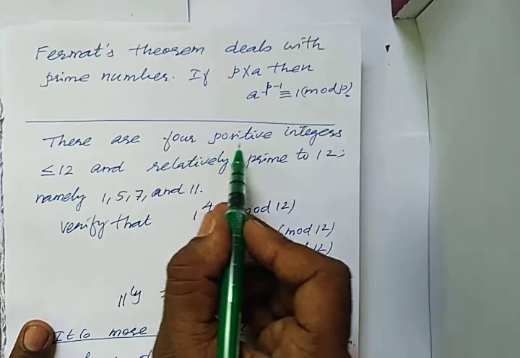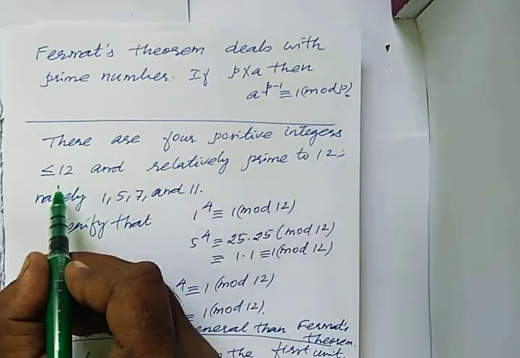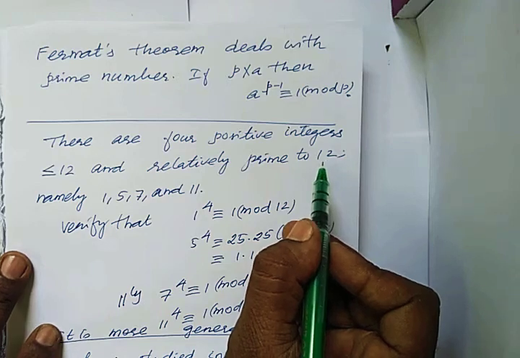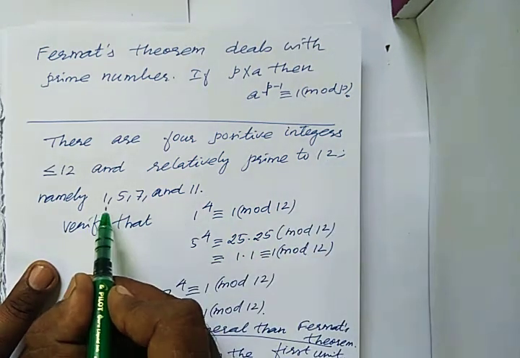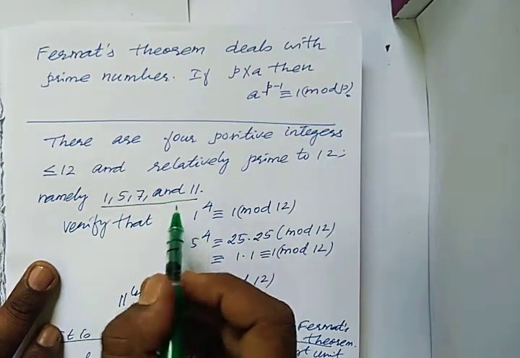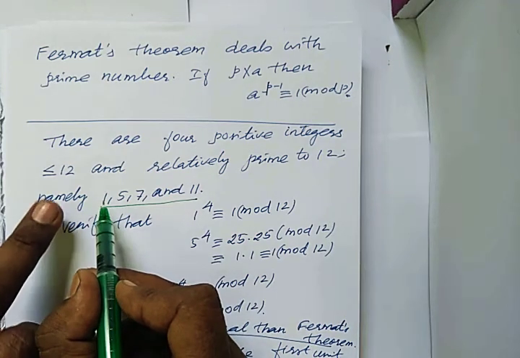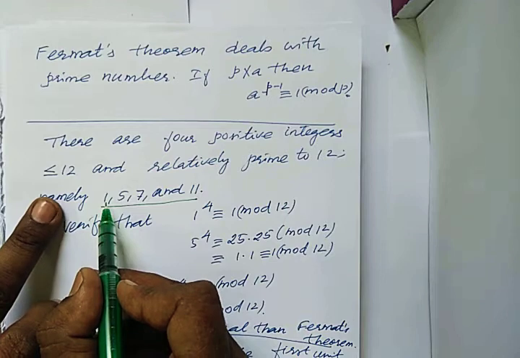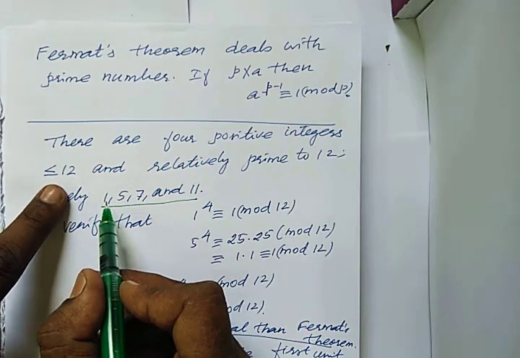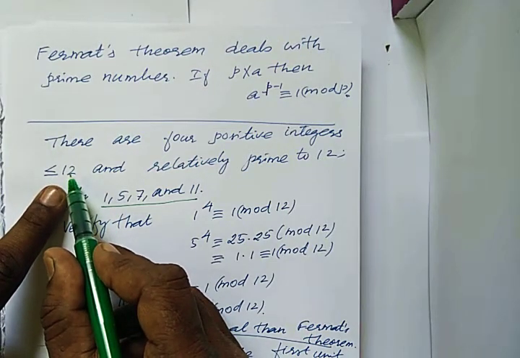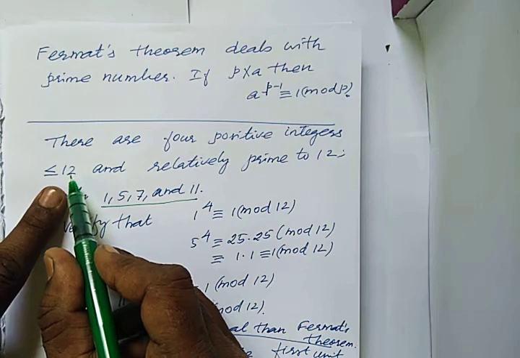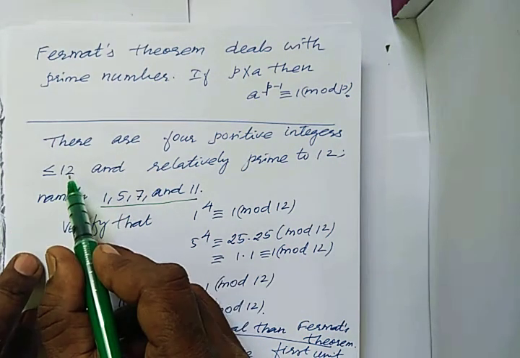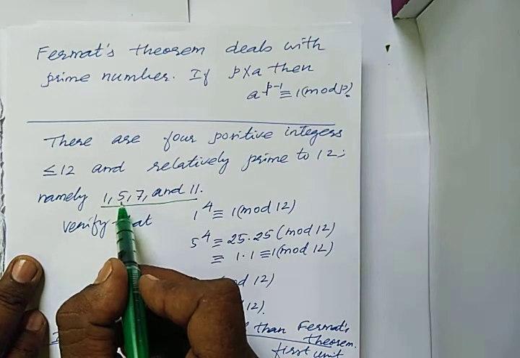There are 4 positive integers less than or equal to 12 and relatively prime to 12, right? They are namely these 4 numbers. If you take 1, that is less than 12 and relatively prime to 12. If you take 2, that is not relatively prime to 12, 3 is not relatively prime to 12, and 4 is not relatively prime to 12, but 5 is less than or equal to 12 and relatively prime to 12.